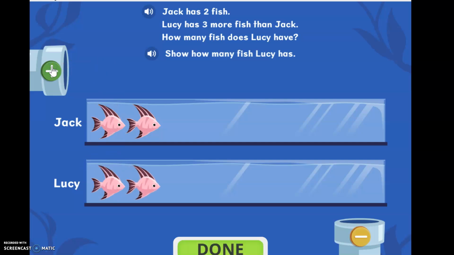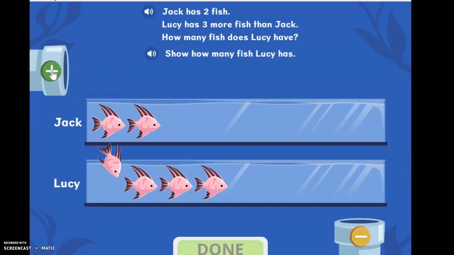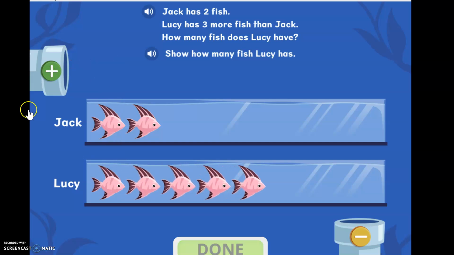Okay, now she has 3 more. So I'm going to add 3 more because right now she has the same as Jack. So I'm going to add 3 more fish than Jack. So 1, 2, 3. Then you can see these 2 are matched up. And then 1, 2, 3.